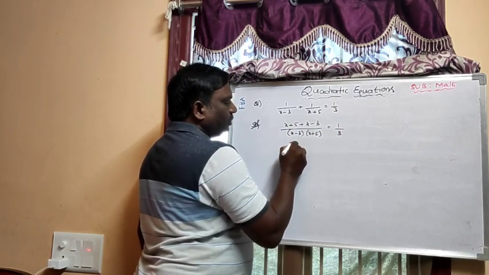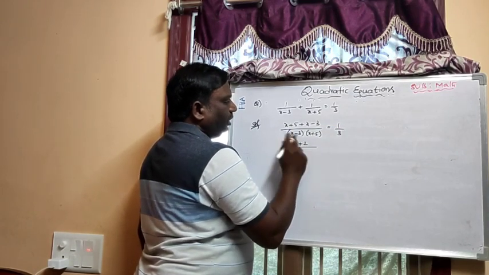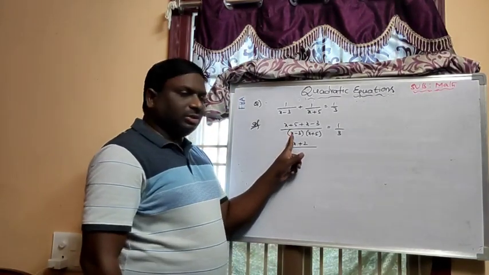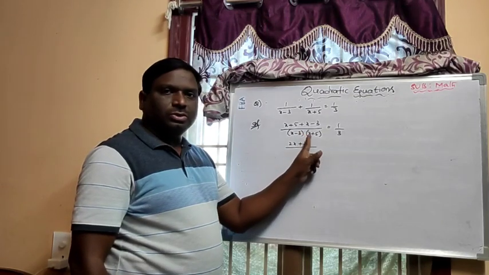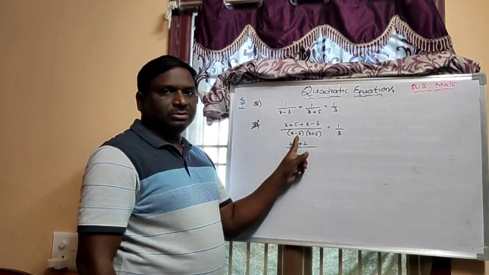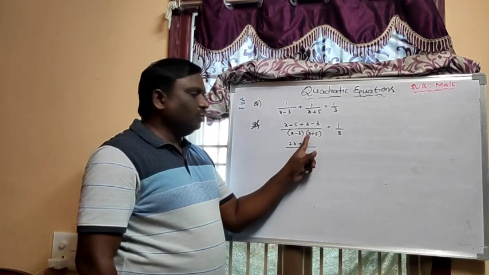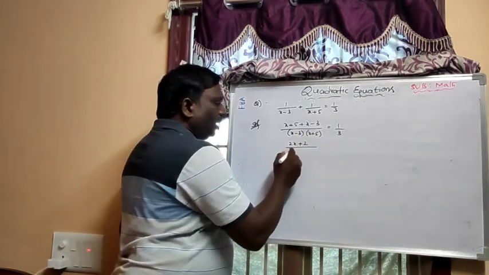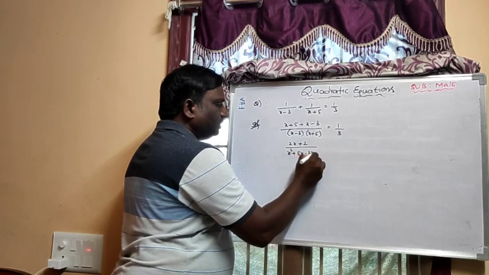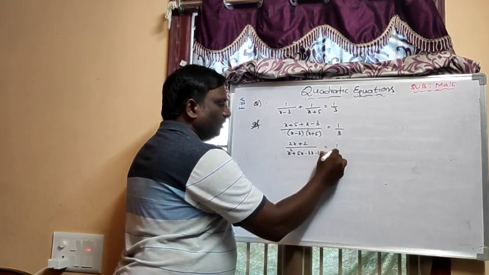So x plus x is 2x plus 2, multiplied by 3. Multiplication of binomials: first multiply x with both terms, and next multiply minus 3 with these two terms. So x square plus 5x minus 3x minus 15 equals the other side.